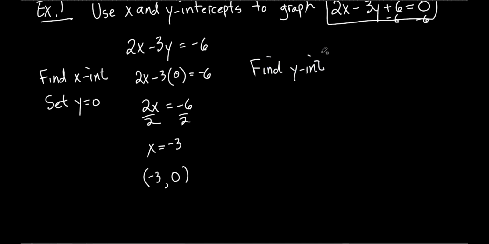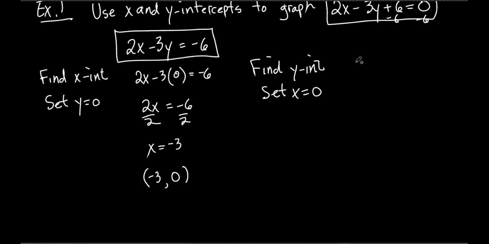Find the y-intercept. So you always set the other one, not the y, but you set the other one equal to 0, which is x. So I set the x equal to 0. Now I go back to this equation, and I'm going to rewrite that. 2 times 0, because the x is 0 this time, minus 3y equals negative 6.